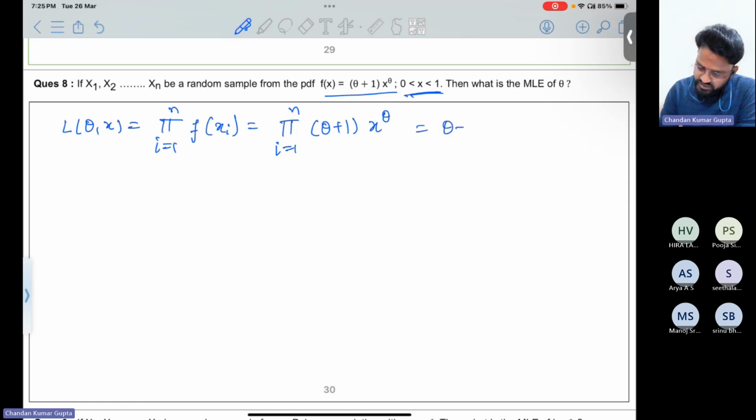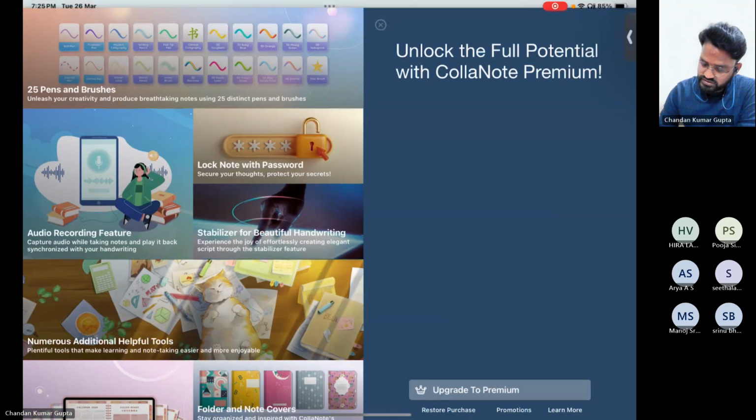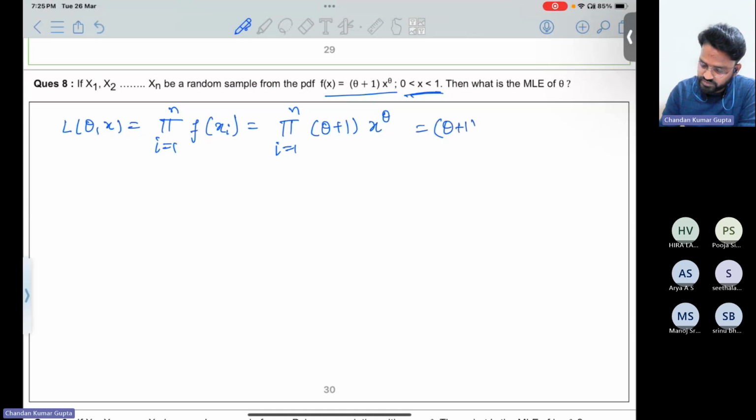That means (theta plus 1) to the power n and the product of xi to the power theta.